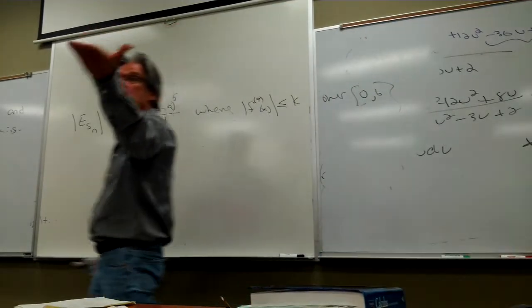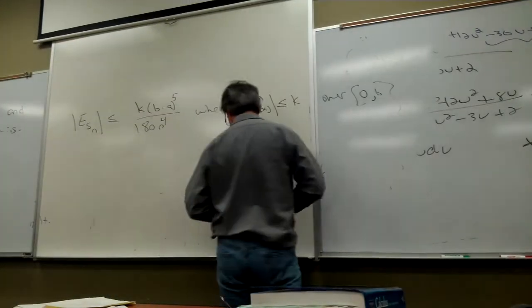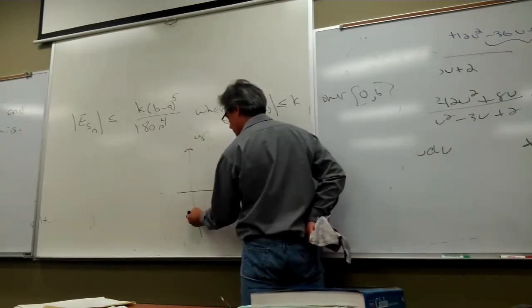Okay. When you say upper bound, do you mean the highest y value of the graph of that? Now, be careful. I understand what you're saying. You're saying K is the highest y value for the fourth derivative function. Not necessarily. What if your fourth derivative function did this? X-axis, y-axis.